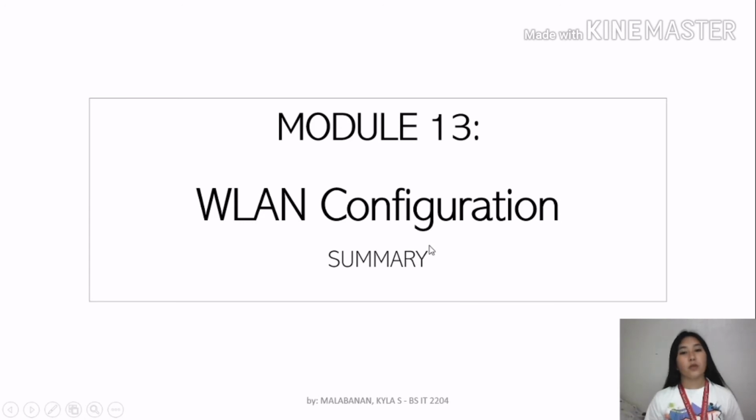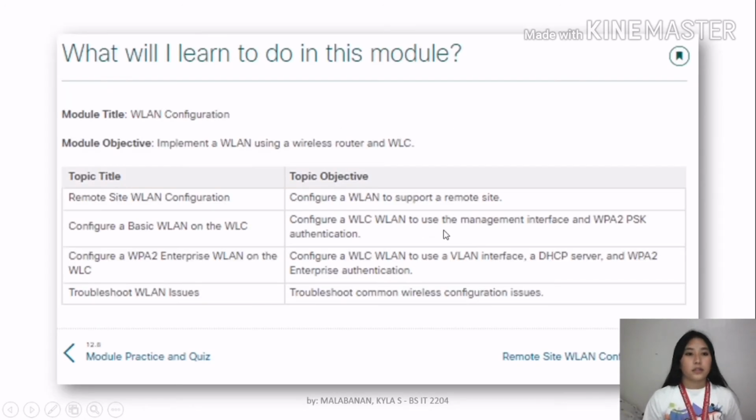And the last, Module 13, WLAN Configuration. In the topic Remote Site WLAN Configuration, we'll learn to configure a WLAN to support a remote site, and configure a basic WLAN on the WLC. Under the topic Configure a Basic WLAN on the WLC, the objective is to configure a WLC WLAN to use the management interface and WPA2 PSK authentication.